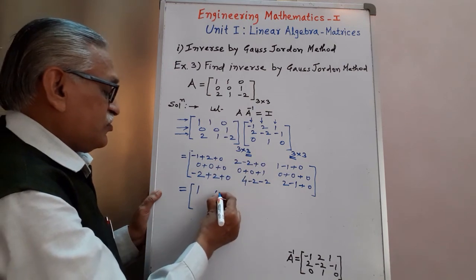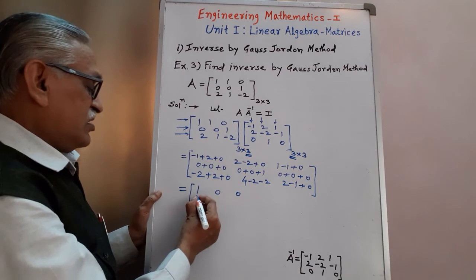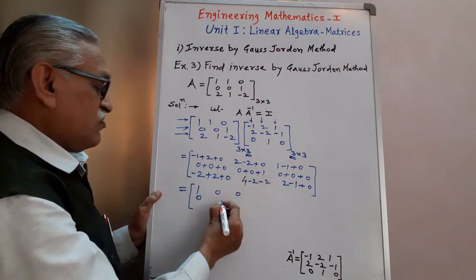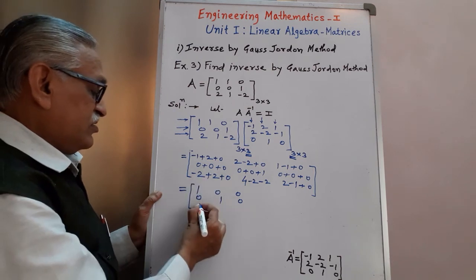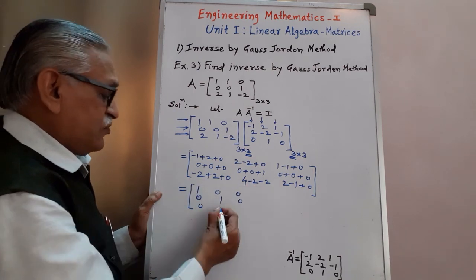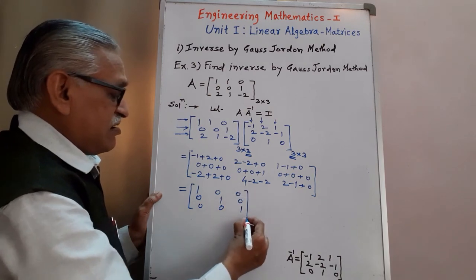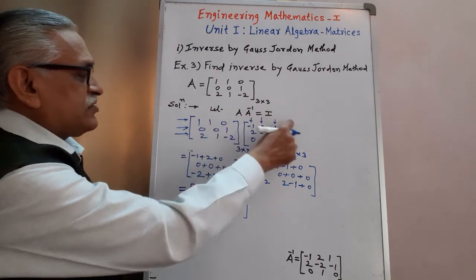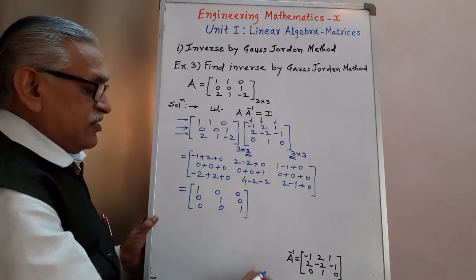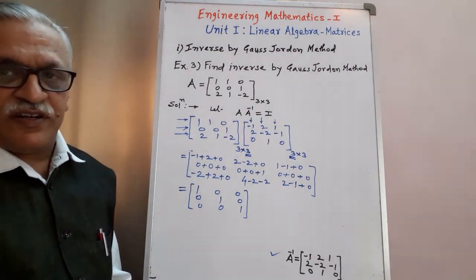Therefore the product is the identity matrix [1 0 0; 0 1 0; 0 0 1]. As the product of these two matrices is the identity matrix, whatever answer obtained is the correct one.